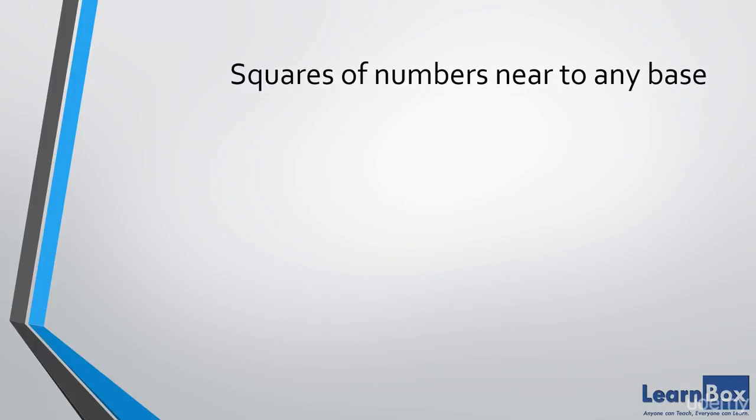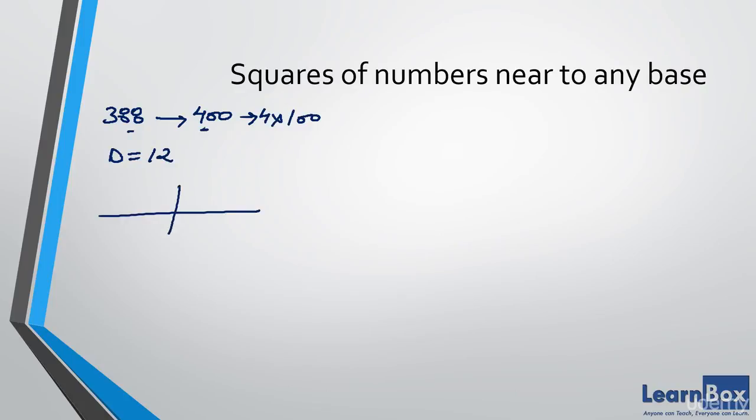Let's use this method to find out squares of numbers which are near to any base. For example, a number like 388. 388 is near to base 400, which is 4 into 100. The method is similar. First we'll find out the deficit. So the deficit here is 12, since 400 minus 388 is 12.